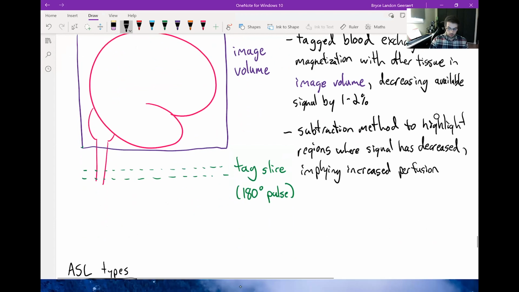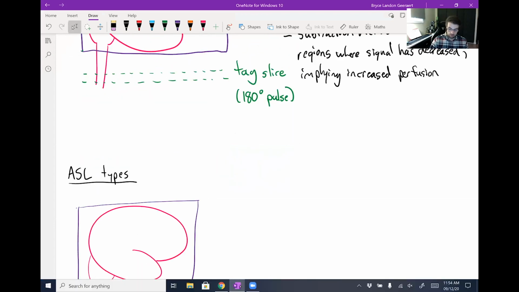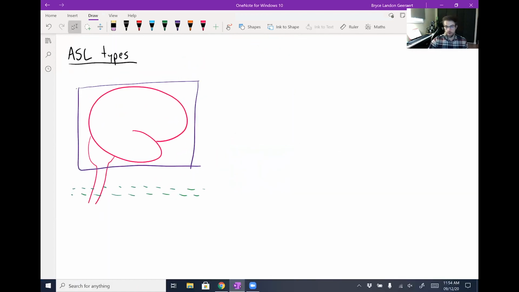Okay, we've got a couple minutes left, so let's talk about the different types of ASL that you can do. Initially, the first technique, I guess, to be developed was continuous ASL. I'm just going to give a brief oral history of ASL.